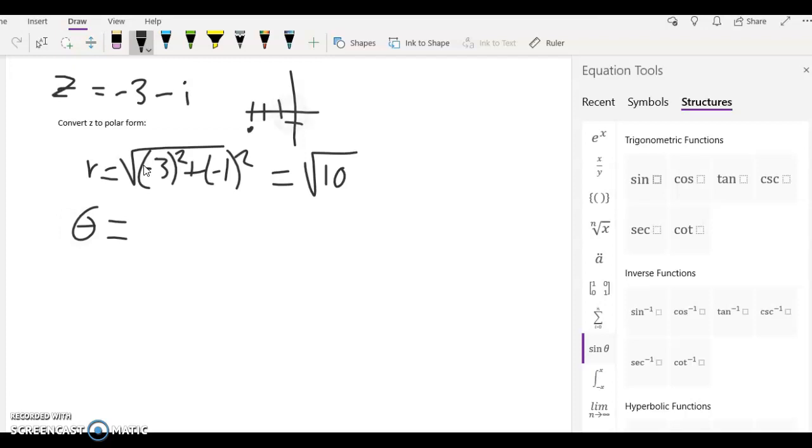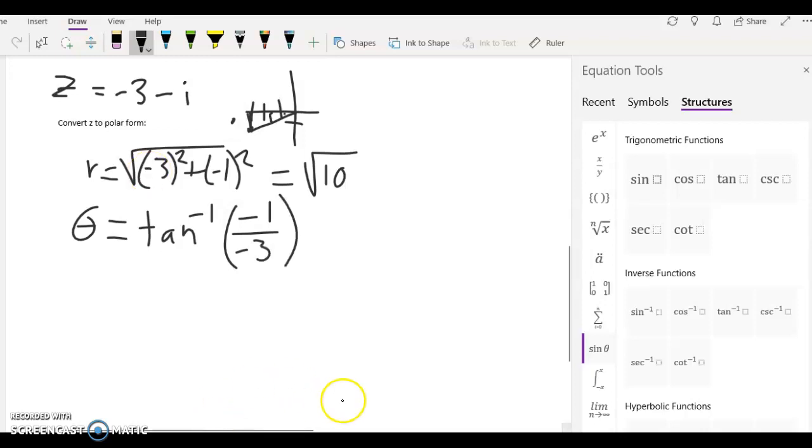And again, even though it's in the third quadrant, we can still view that as a right triangle. So that's why the r is still just using the Pythagorean theorem. Theta is still just going to be the inverse tangent of the b, the opposite, we can see the opposite is this side over here, that was the -1, over the a, well that was the -3.